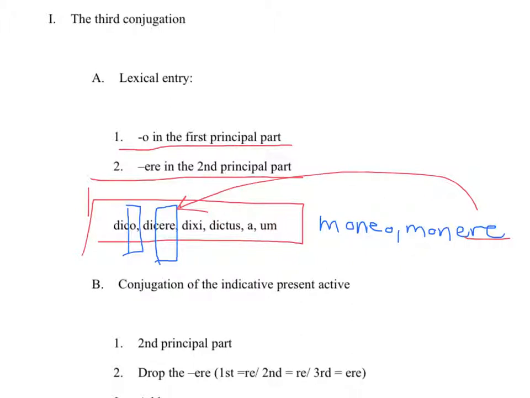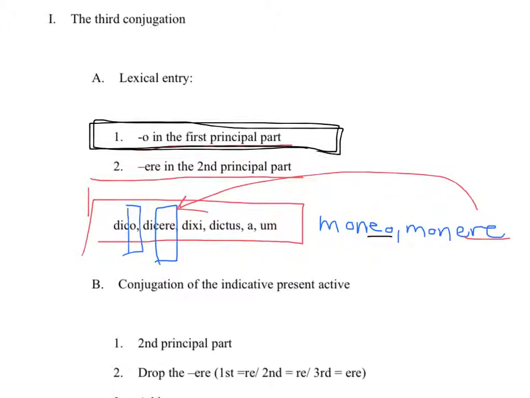The difference is it has an EO in the first principal part, whereas the first principal part of the third conjugation ends in O. So there's never any way to confuse them if you know the first two principal parts, which you always will if you have access to a dictionary.